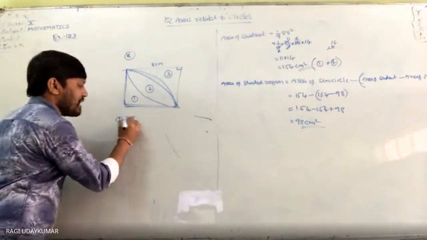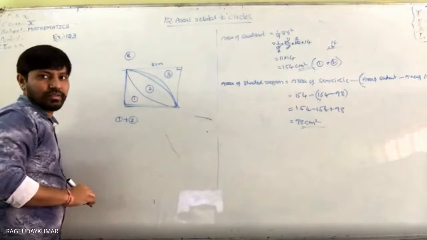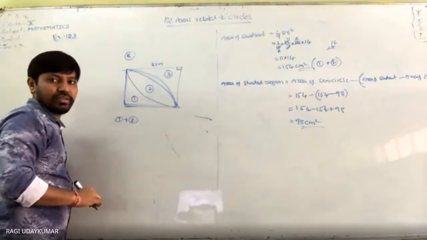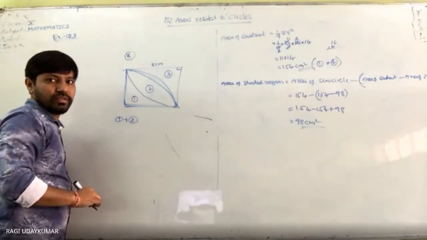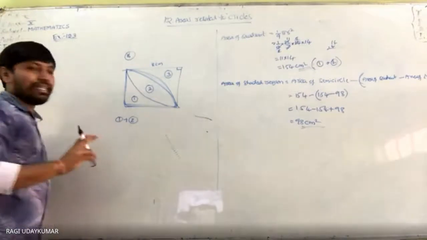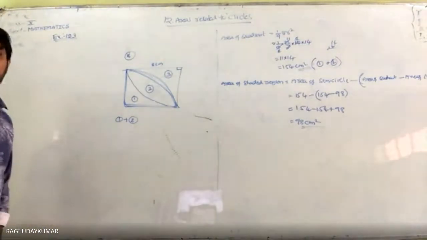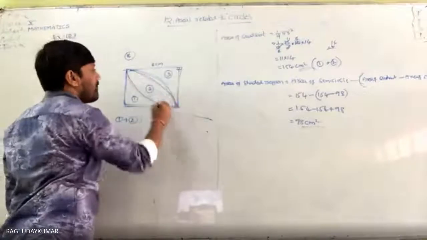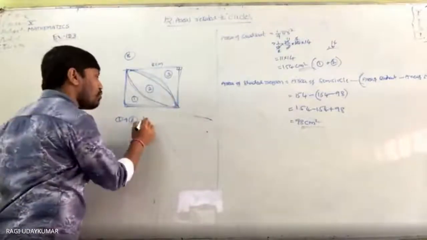It will be 1 plus 2. Is it clear to you here? Yes sir. This quadrant area is 2 plus 3.